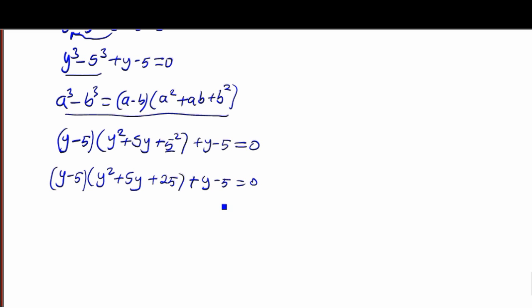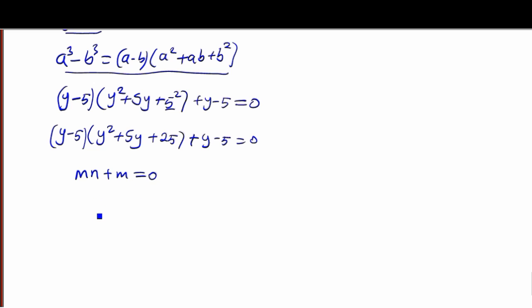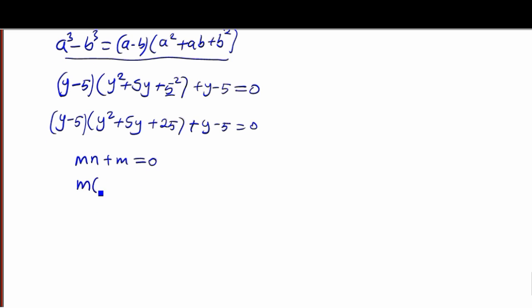Now what you realize from here is that, let me give you an example. If you have an equation like mn plus m is equal to 0, this one is the same as m into n plus 1 is equal to 0.